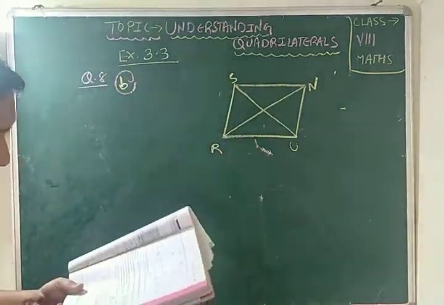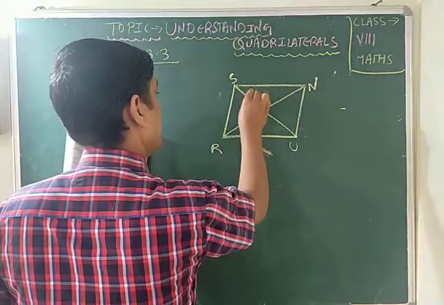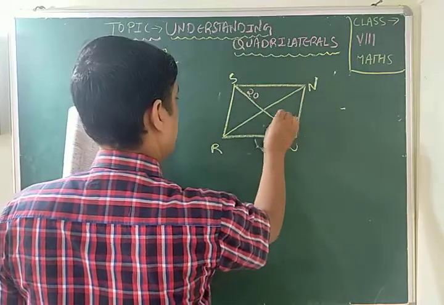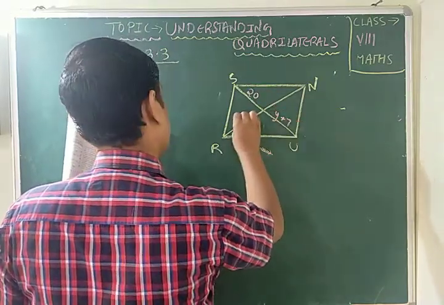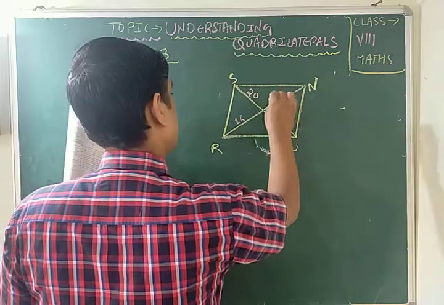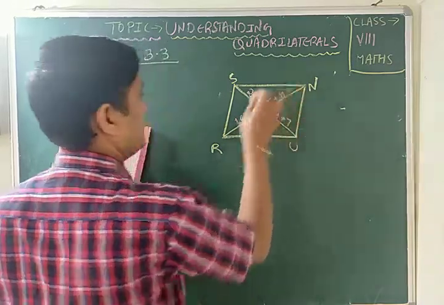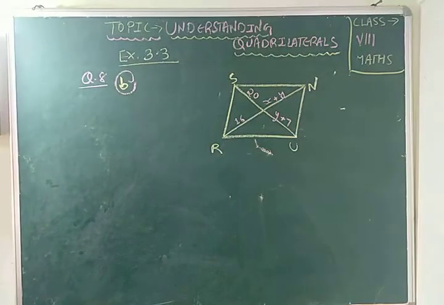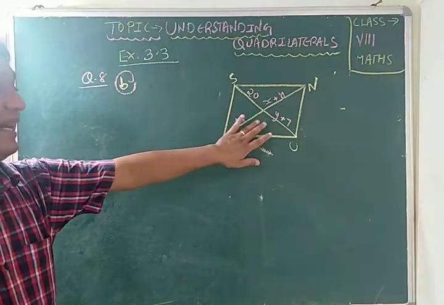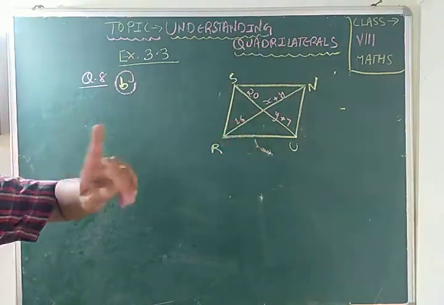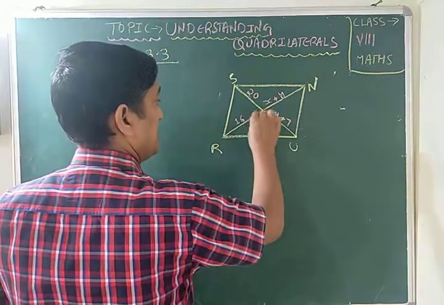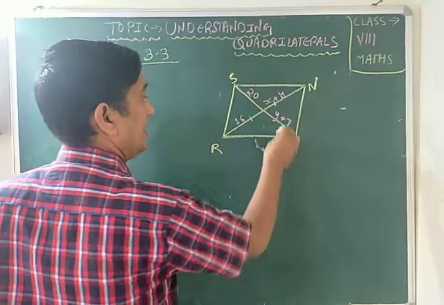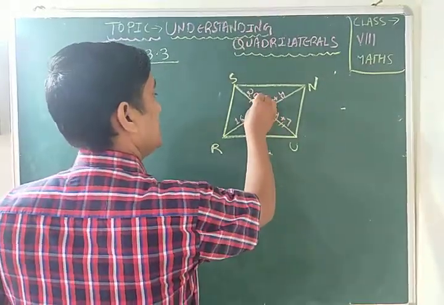Now here what we have, this is 20, this is 20, this is y plus 7, this is 16, and this is x plus y. Now children, here we have to apply the property of diagonals. We know that in a parallelogram, diagonals bisect each other. It means this portion is equal to this portion and this portion is equal to this portion.